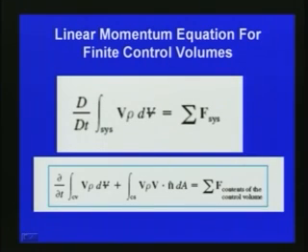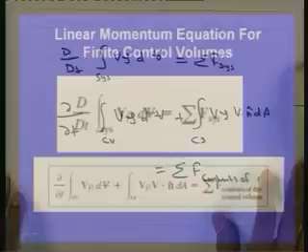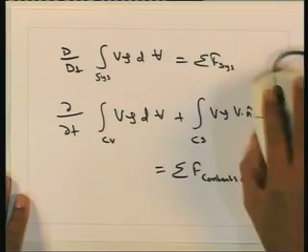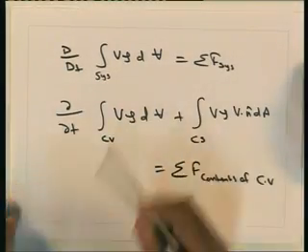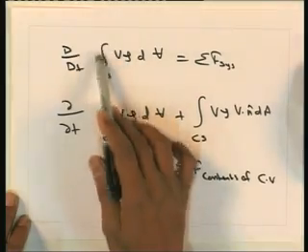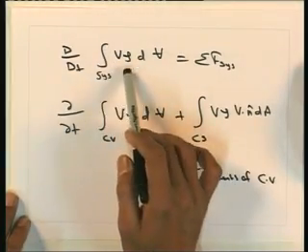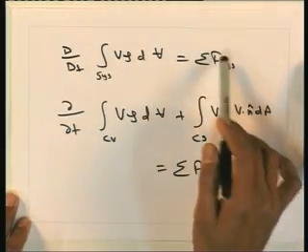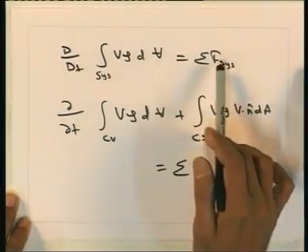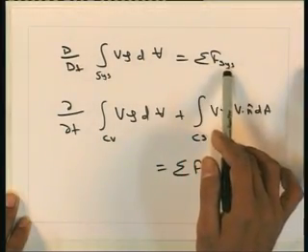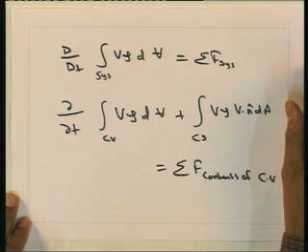So finally, with respect to Newton's second law, the equation can be written here, already shown here. So d by dt of the integral over the system, V rho dV, is equal to sigma F on the system. So you can see the algebraic sum of the forces is equal to the rate of change of momentum.